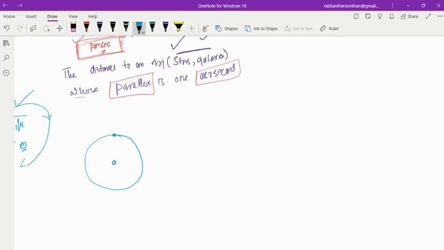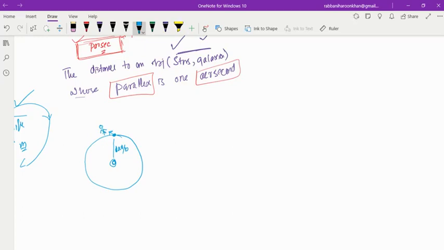This is us and this is the Sun. Now we know the distance between Earth and Sun is 1 AU, which we can call b, a variable, and we are here.